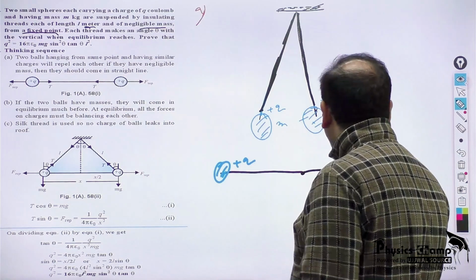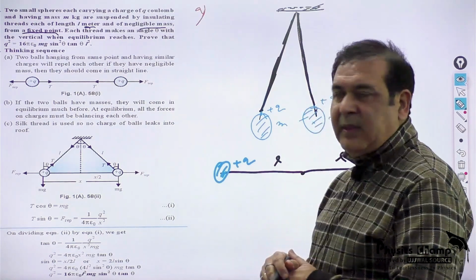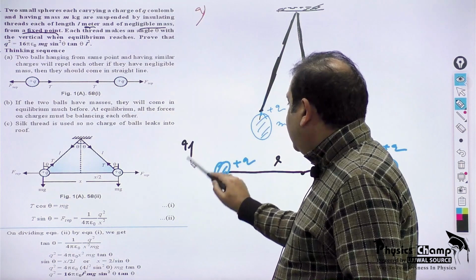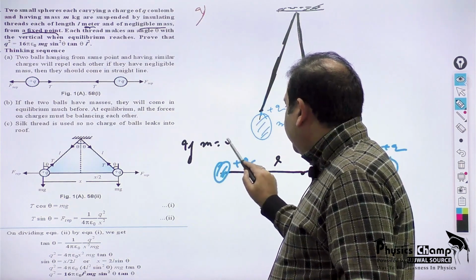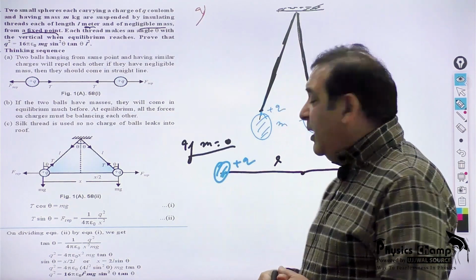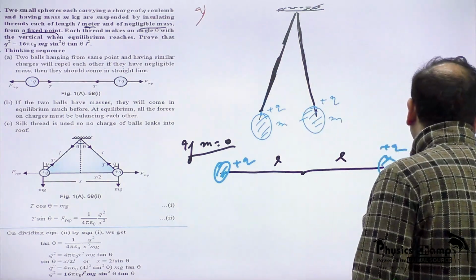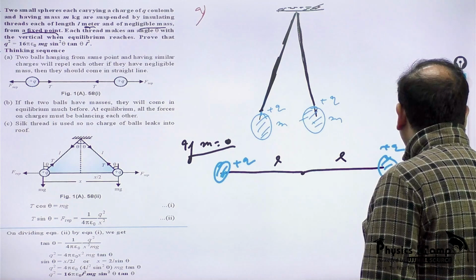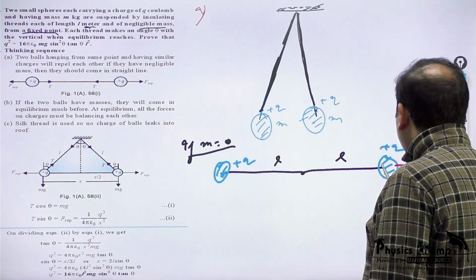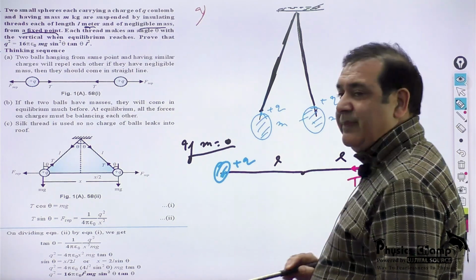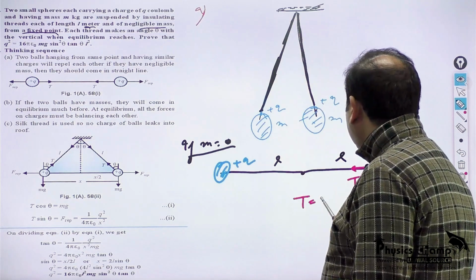The string may have a length L each, and if mass is negligible, the two balls can adjust themselves like this, and in that situation the force of repulsion will be balanced by the tension in the string. So we can say tension is equal to the force of repulsion.